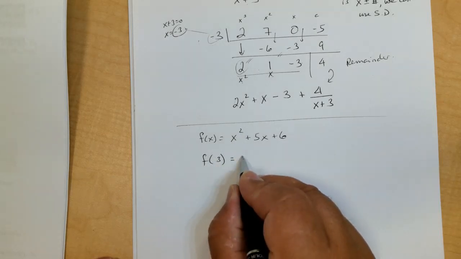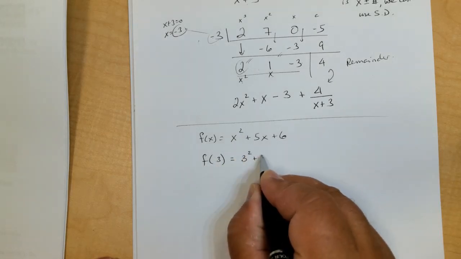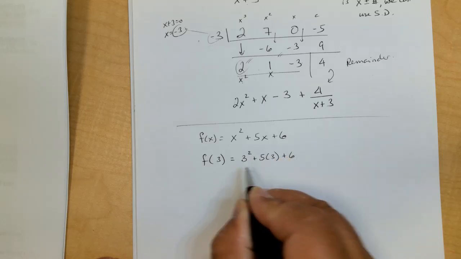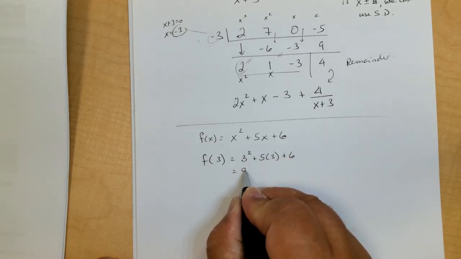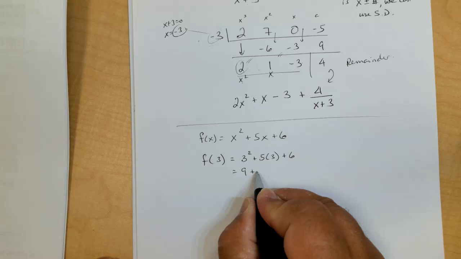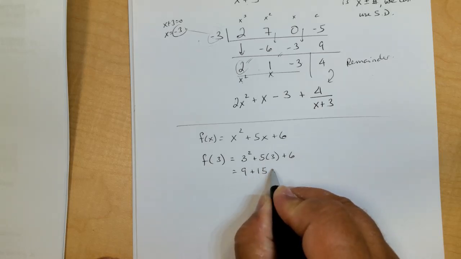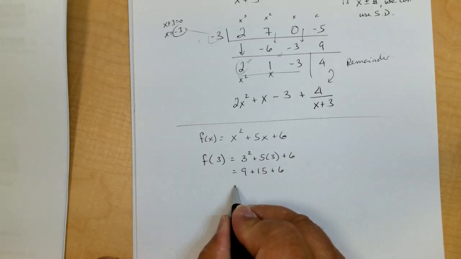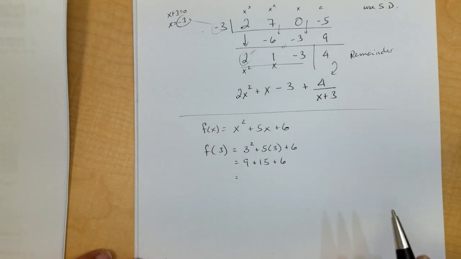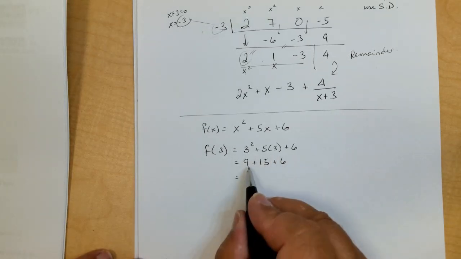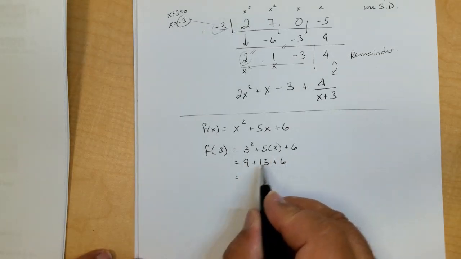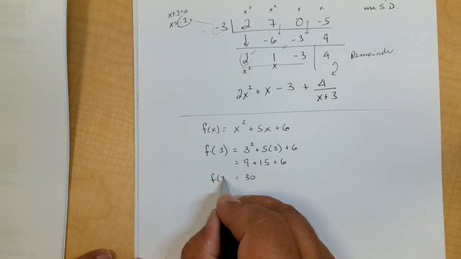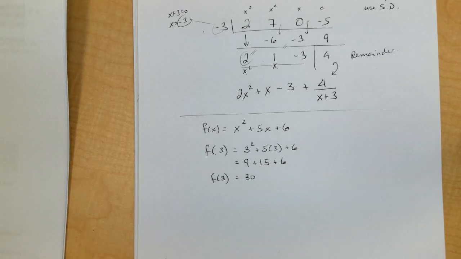So let's plug in 3. We get 3 squared plus 5 times 3 plus 6. 3 squared is 9. 5 times 3 is 15. 9 plus 6 is 15. 15 plus 15 is 30. So f of 3 is 30.